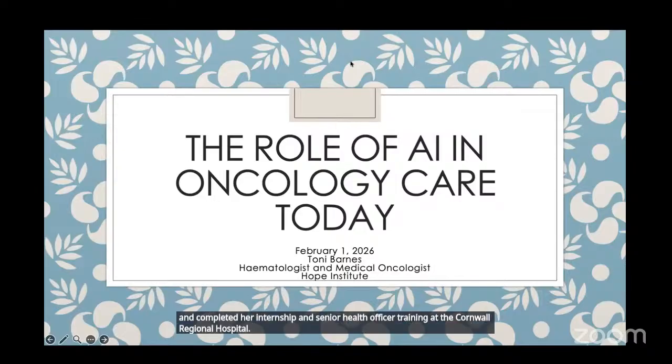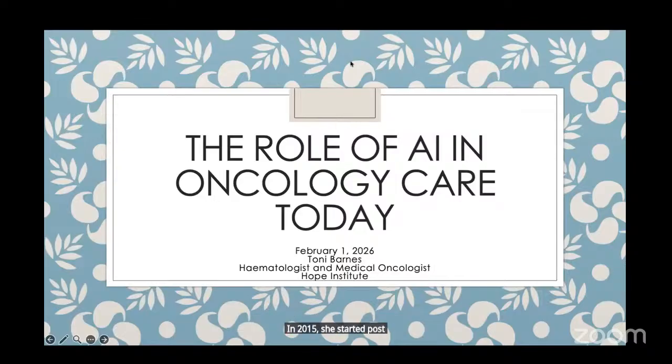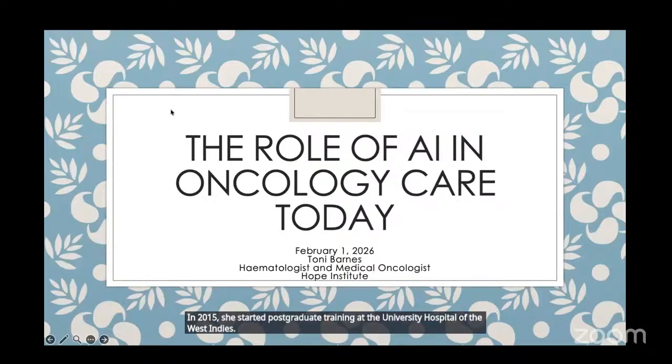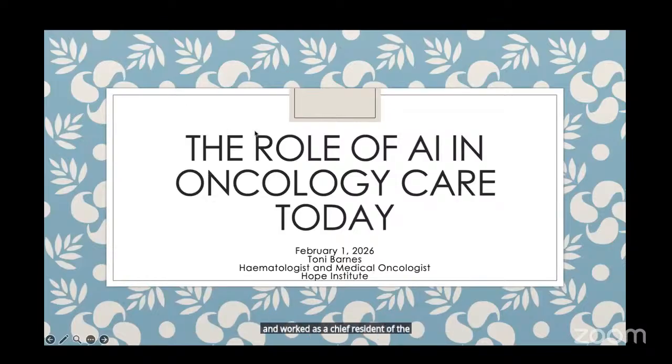In 2015, she started postgraduate training at the University Hospital of the West Indies and worked as a chief resident of the Hematology Oncology Department before completing her DM. After that, she worked as a senior resident at the Kingston Public Hospital. Since November of 2023, Dr. Barnes has been working as a consultant physician at the Hope Institute Hospital. She is also an associate lecturer in the Faculty of Medical Sciences, Department of Pathology at the UWI. Her dream is to advance cancer treatment in Jamaica through research and education.